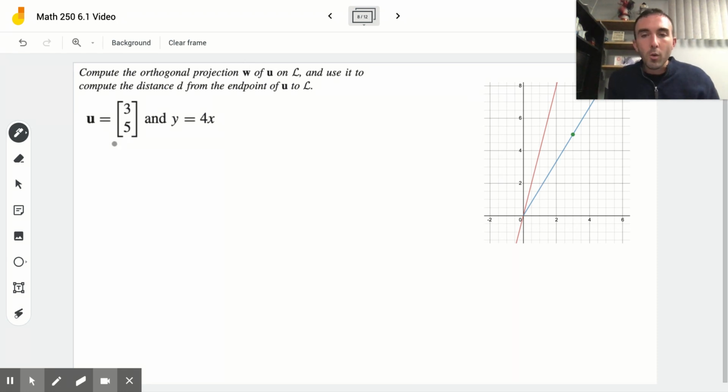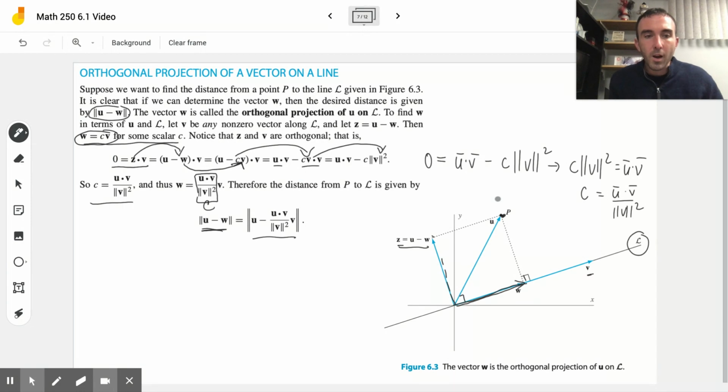In order to do a problem like this, we definitely want to start with our vector U, 3, 5, but we will also need a vector V. And vector V, as you'll recall from our previous slide, is just a vector along the line.